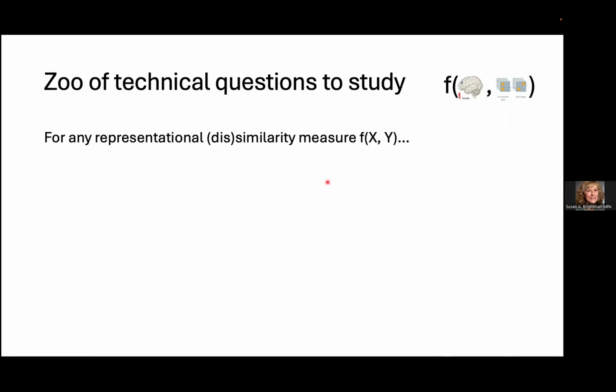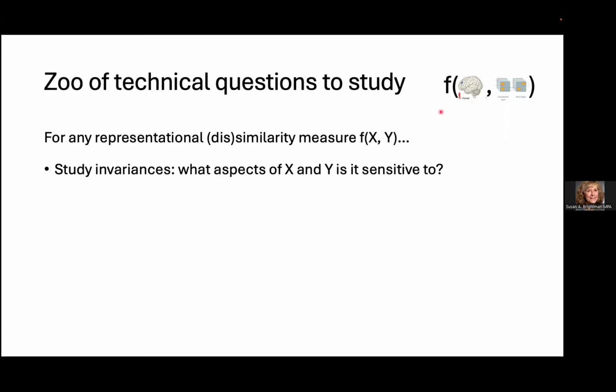For each of these methods, there's no end to the technical questions we could ask about how they behave. For instance, if you give me some function f, and this function's job is to quantify how similar or dissimilar two neural systems are, maybe x is a brain and y is a neural network, you could ask questions like, what is this measure going to be variant or invariant to? A really common one is if I take the neural activity in one system and I double it.